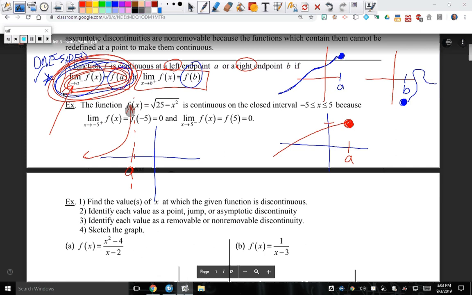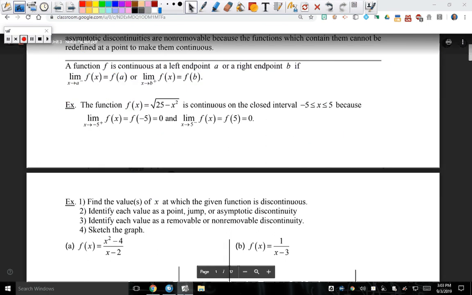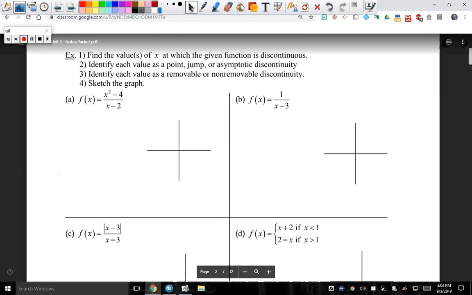No. Because you have to hit a quantifiable defined y value point, and infinity is not quantifiable. Okay.